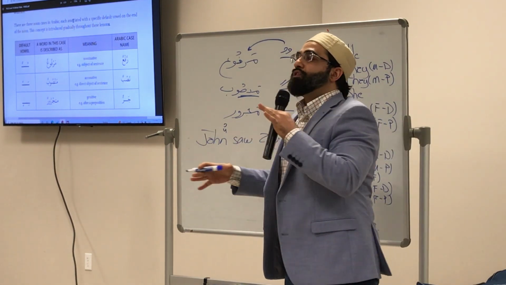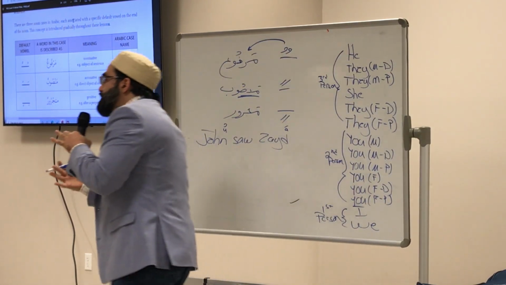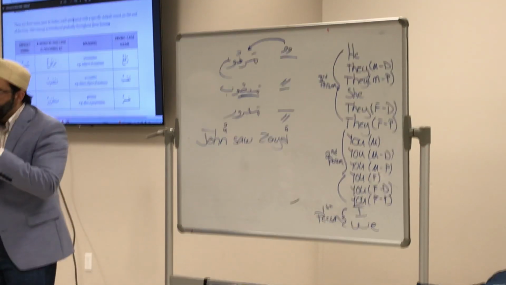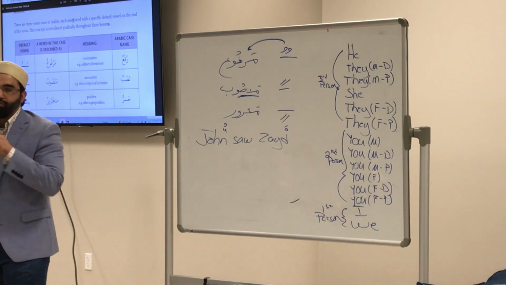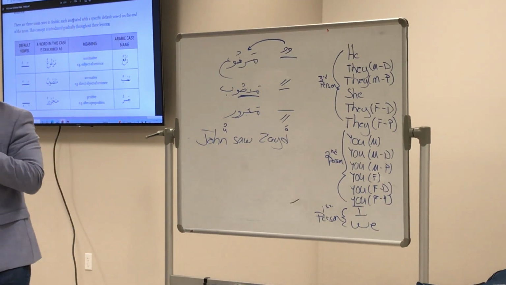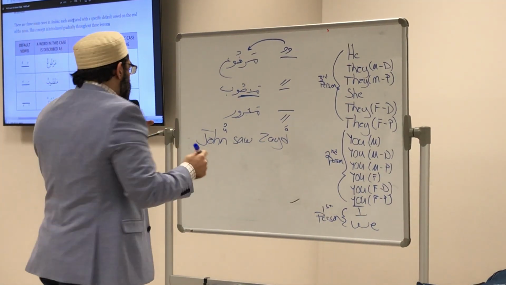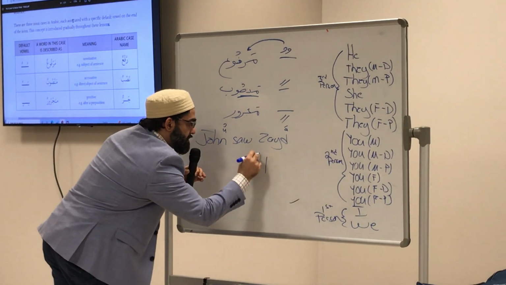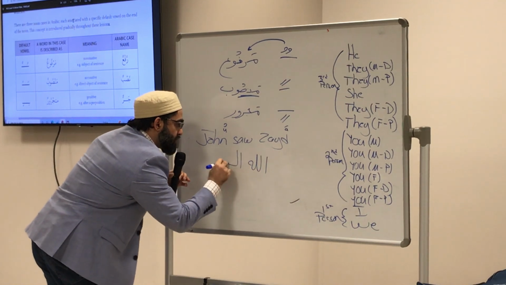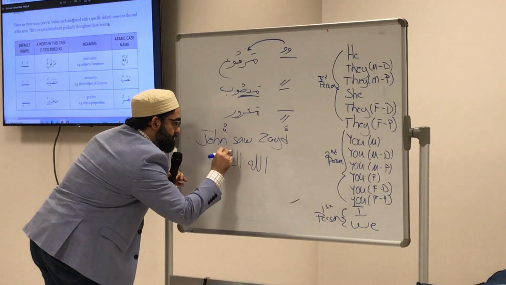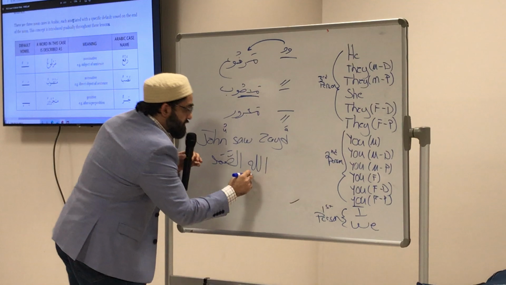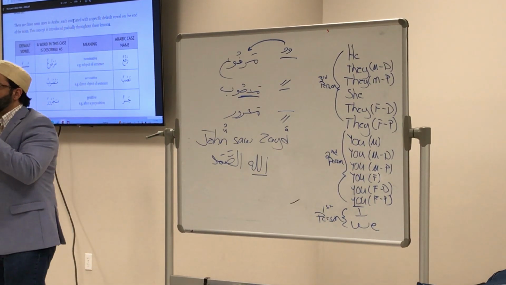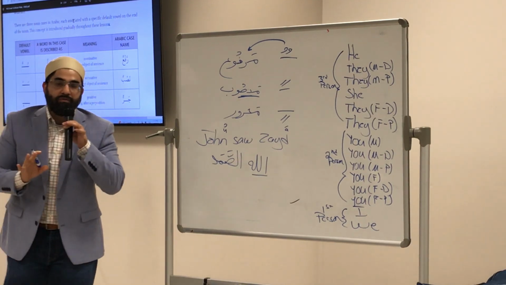Eventually, when you begin to grammatically parse sentences in the Arabic language, like a basic verse in the Quran, you'll get to a word. For example, if you were to say something like, Allahu Samad, you might say Allah is the mubtada, the beginning noun.